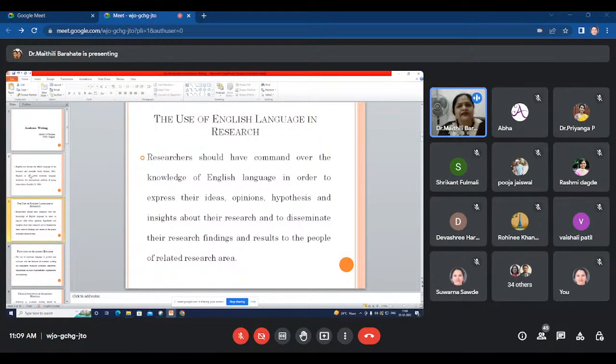We find the use of the English language in research most of the time. Even when I evaluate theses, I go through the summaries and the research papers of our PhD scholars, of scholars who belong to different disciplines as well. And now see, academic writing varies from discipline to discipline.